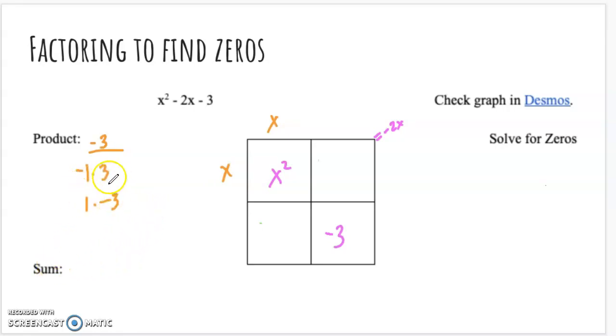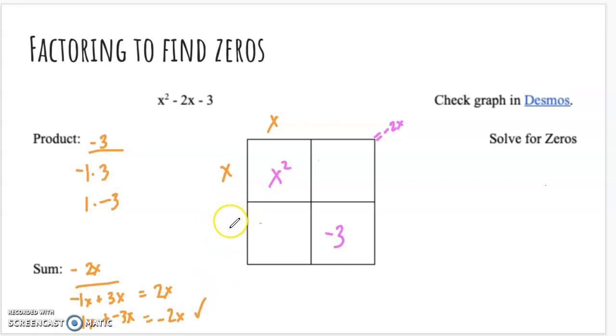And I want to find factor pairs that add to make -2x. So if I do -1x plus 3x, I get +2x. If I have 1x plus -3x, I get -2x, and it looks like that's the one that worked.